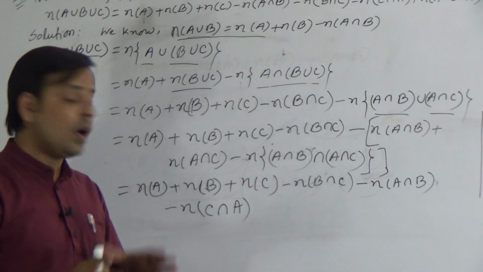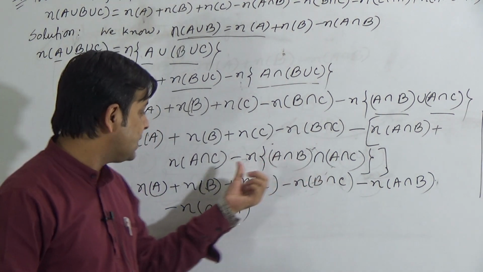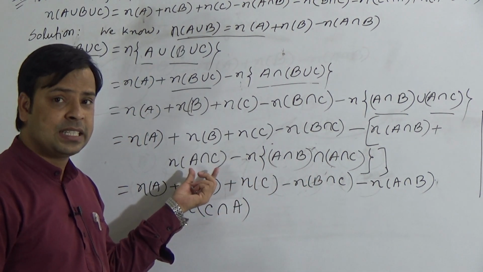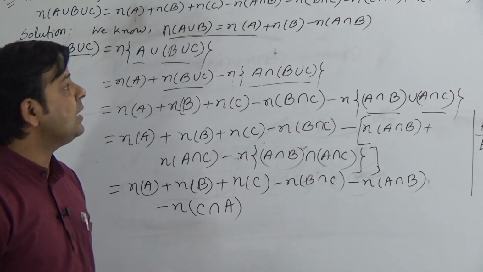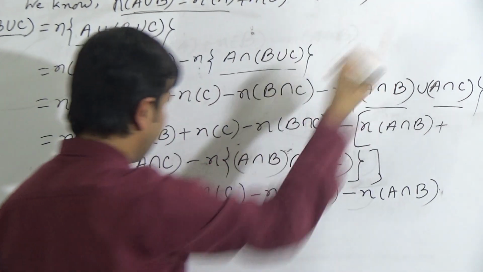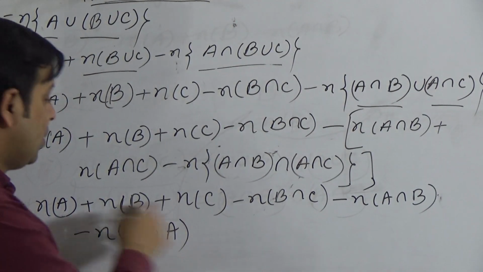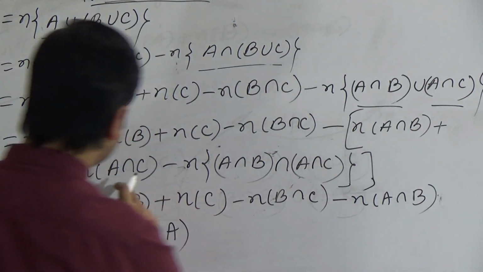But you may ask, why I am writing C intersection A, but in this line I have written A intersection C. We can write any one, but in the proof here is given, we have to prove C intersection A. For this I have written C intersection A. Okay, now go to the next one.